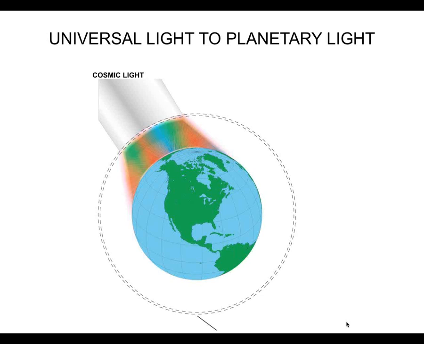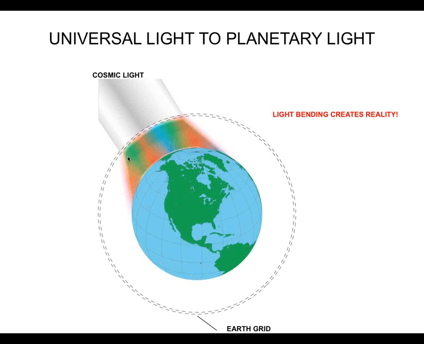But what happens is that when this cosmic light hits the grid of a particular planet, and in this case, it's the Earth grid, this light fractures, it's fragmented, it starts to bend, because there is a layer right here that kind of stops it, and it refracts against the Earth grid.